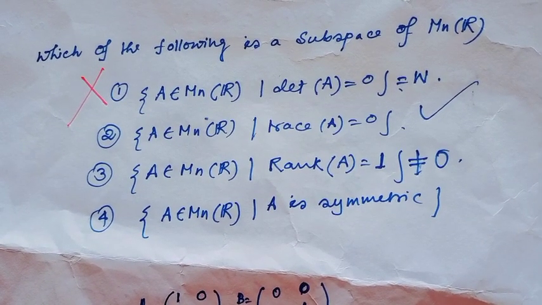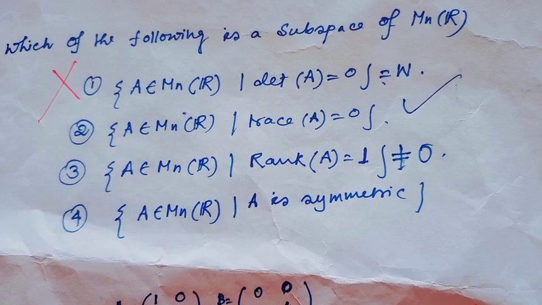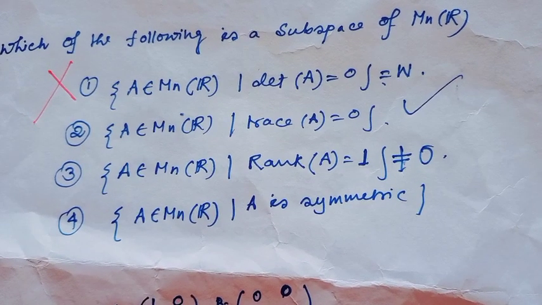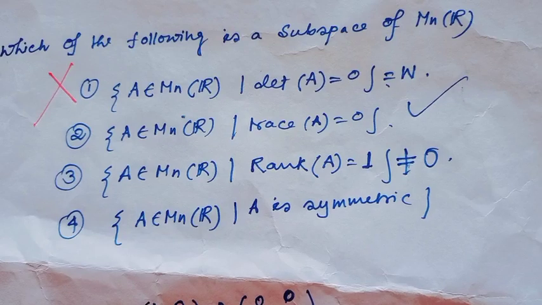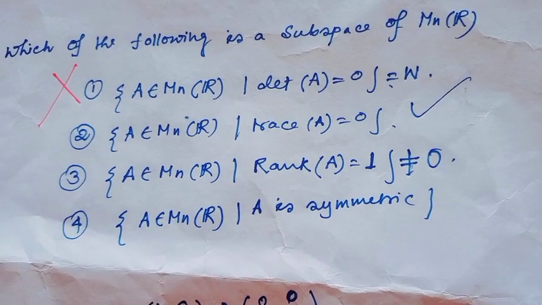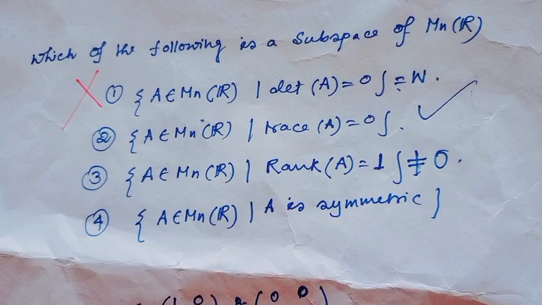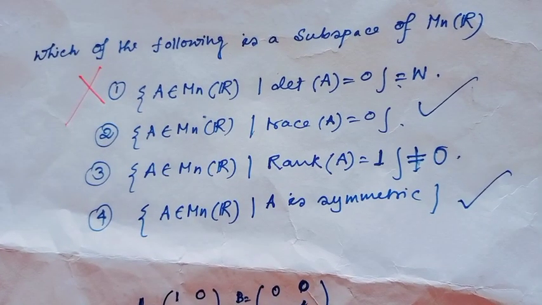And option 4, A is a symmetric matrix. Obviously, this is a subspace because the null matrix is always a symmetric matrix, the sum of two symmetric matrices is always symmetric, and scalar multiplication of a symmetric matrix is always a symmetric matrix. So, option 4 is a right option. When A is a symmetric matrix, then this is a subspace of M(n, R).